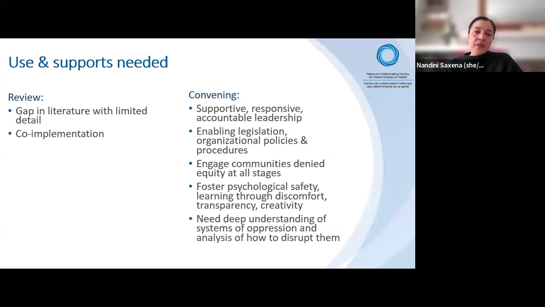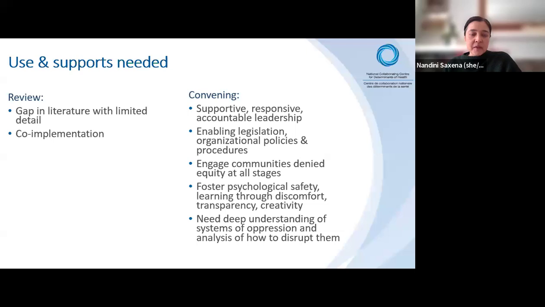During the convening, there was a lot of discussion about what is needed to support implementation and use of frameworks. So some of the themes that really rose to the top were the need for leadership that is supportive and responsive, and is very importantly accountable, not only within the organization and to funders, but also to partners and to communities who have been denied equity.